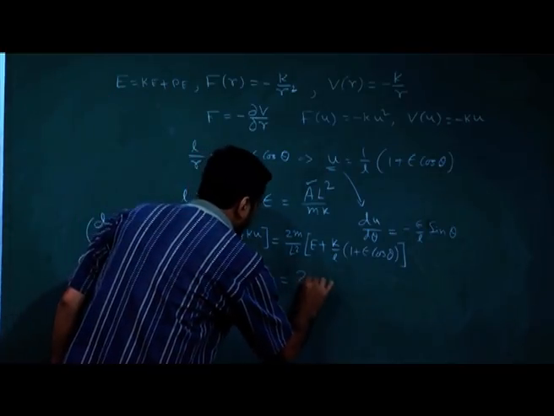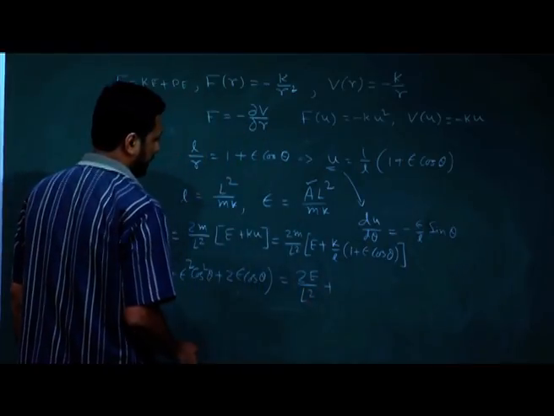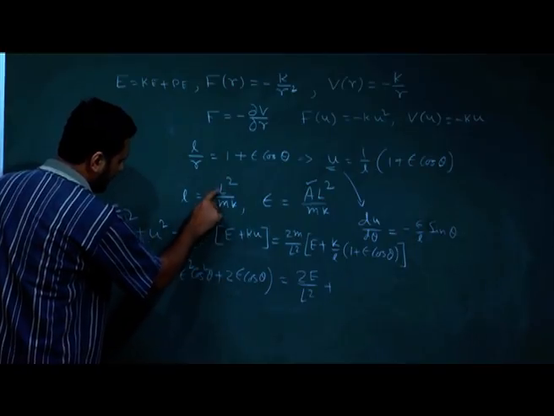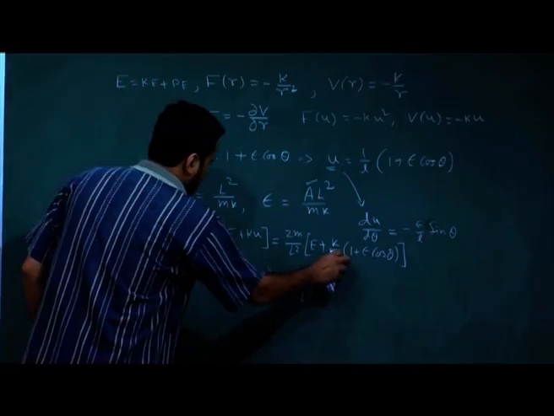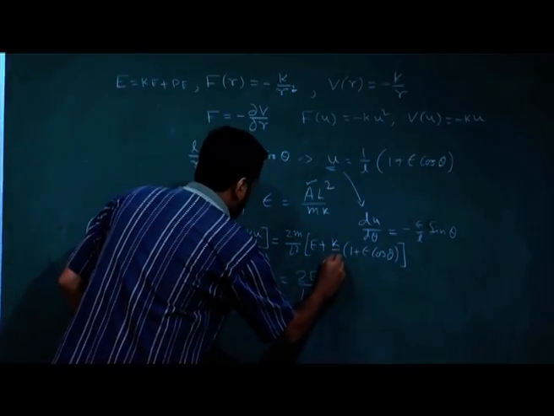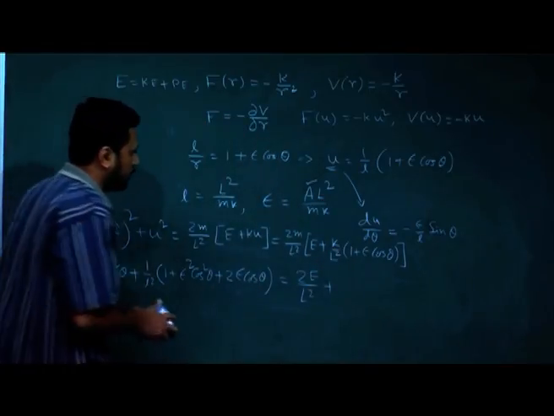So, we have 2E by L square plus, and please remember L square, capital L square, by mk. So, we substitute it here, it will be L square and it will be k square m.